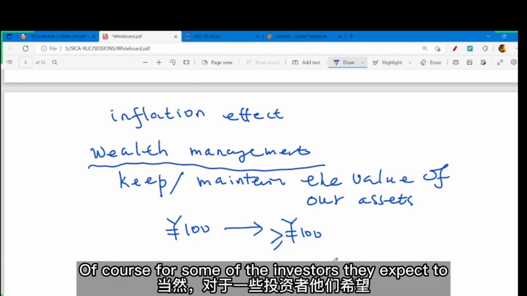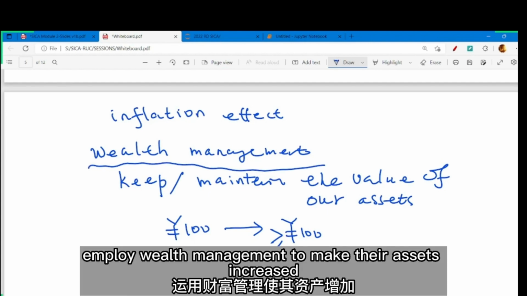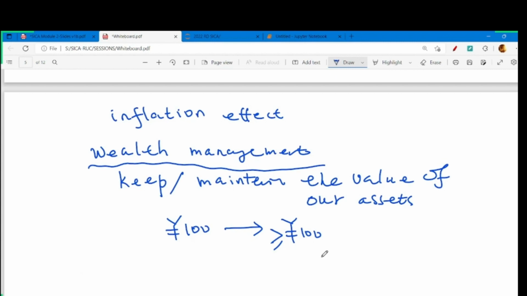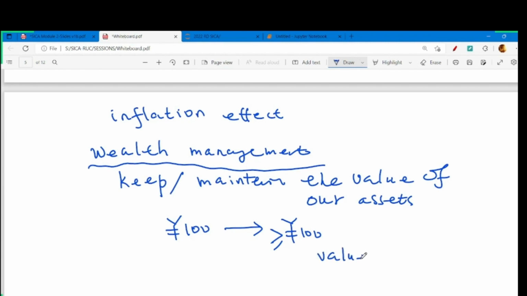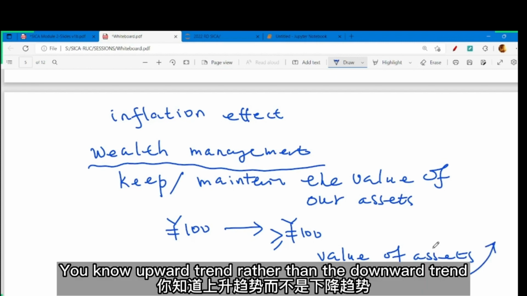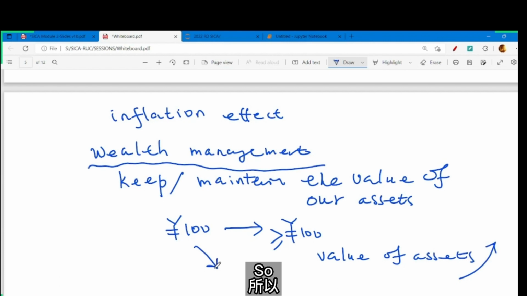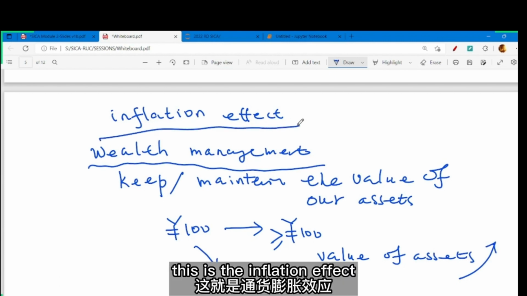Of course, some investors expect to employ wealth management to make the value of their assets increase, in an upward trend rather than a downward trend, right? So this is the inflation effect.